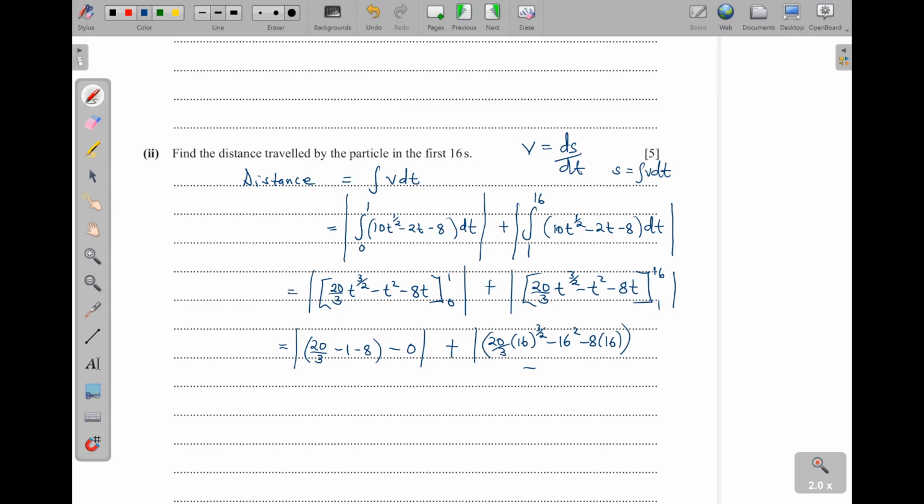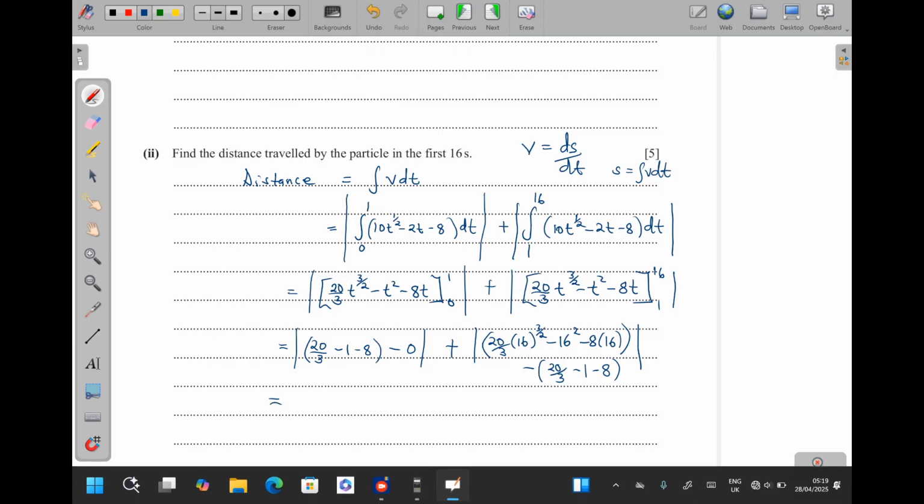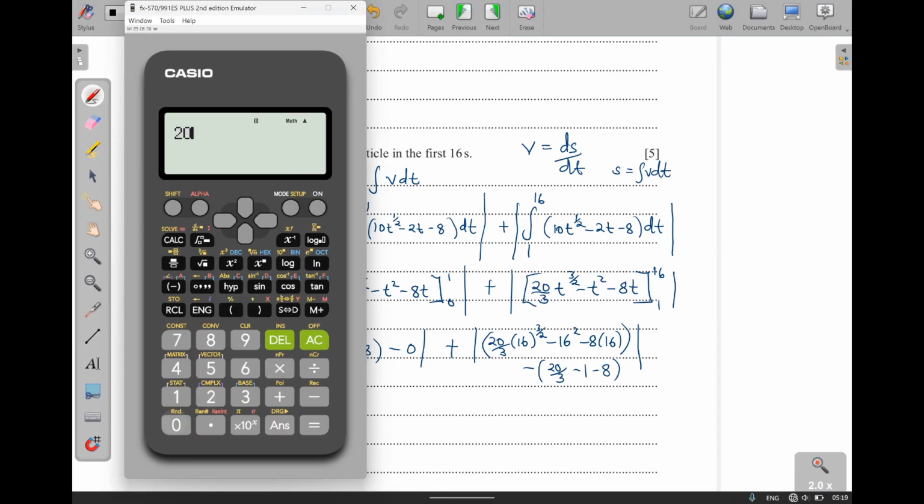Then after we subtract, when you put 1, it is 20 over 3 minus 1 minus 8, like that. Now 20 over 3 minus 9, because minus 8 minus 1, that is minus 9.